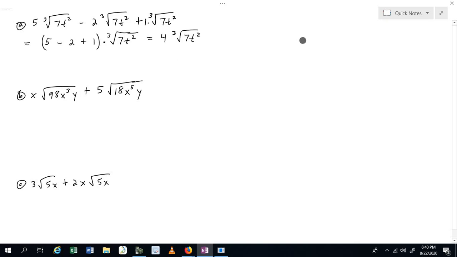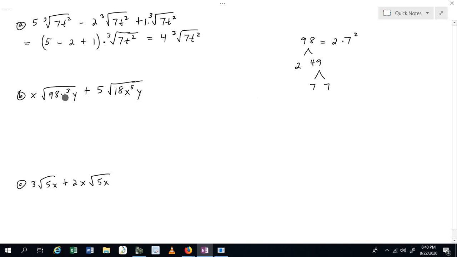So the first thing I'm going to do is factor 98 down into its prime factorization. There's a factor of 2 in here for sure. So I think it's 2 times 49. That gives you 98. And then 49 is 7 times 7. So this would factor into 2 times 7 squared.